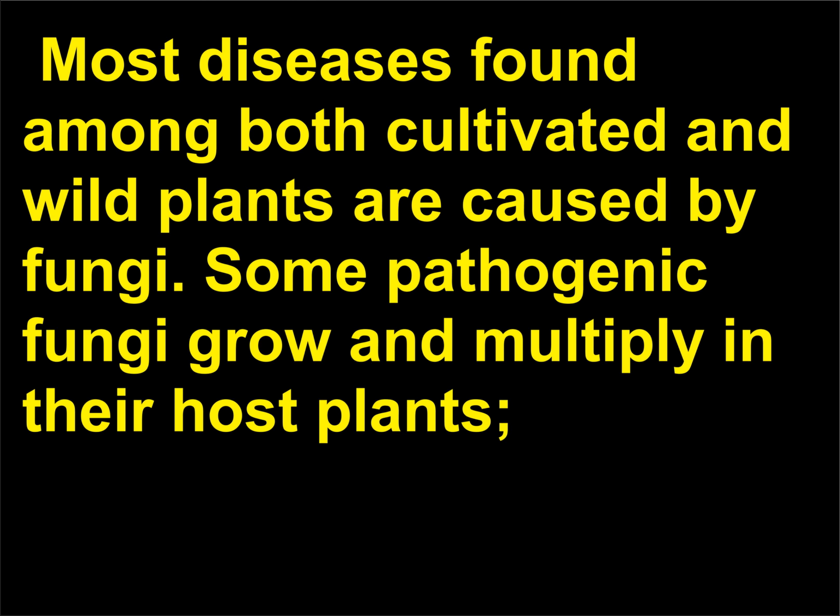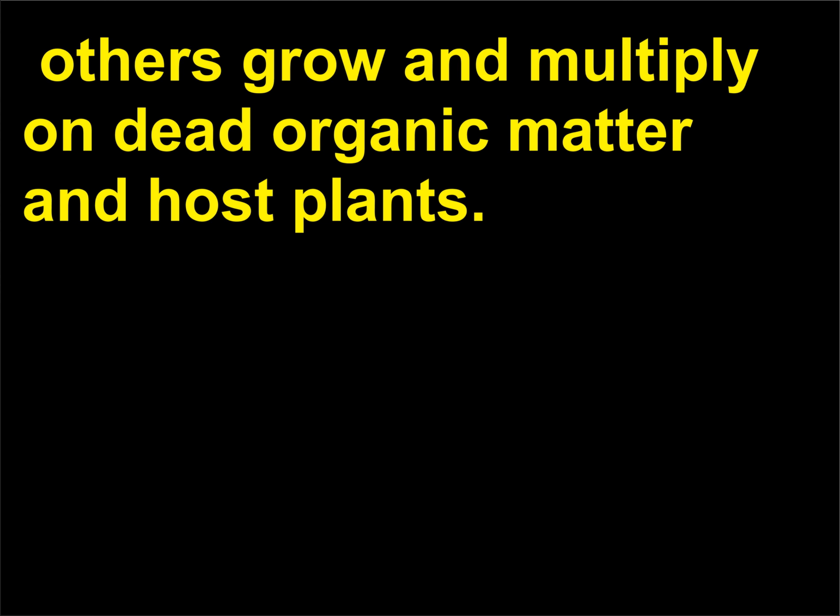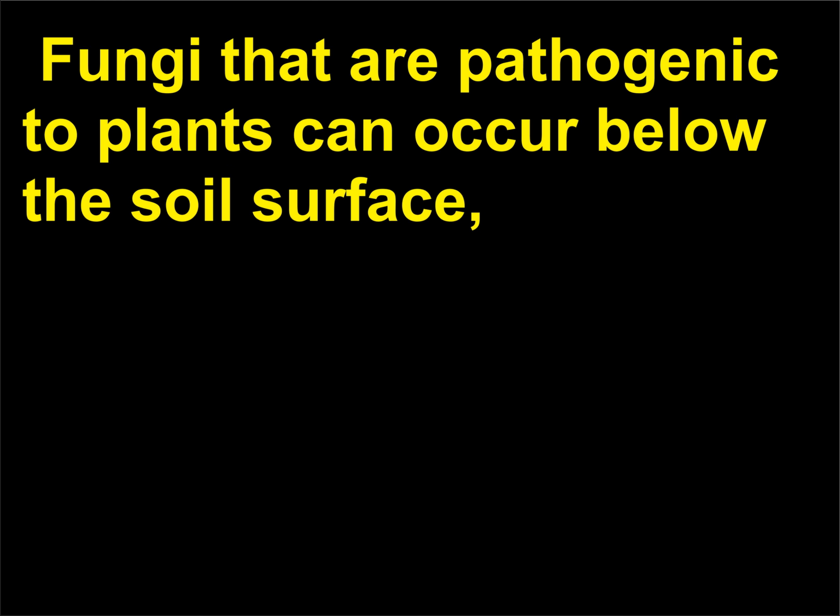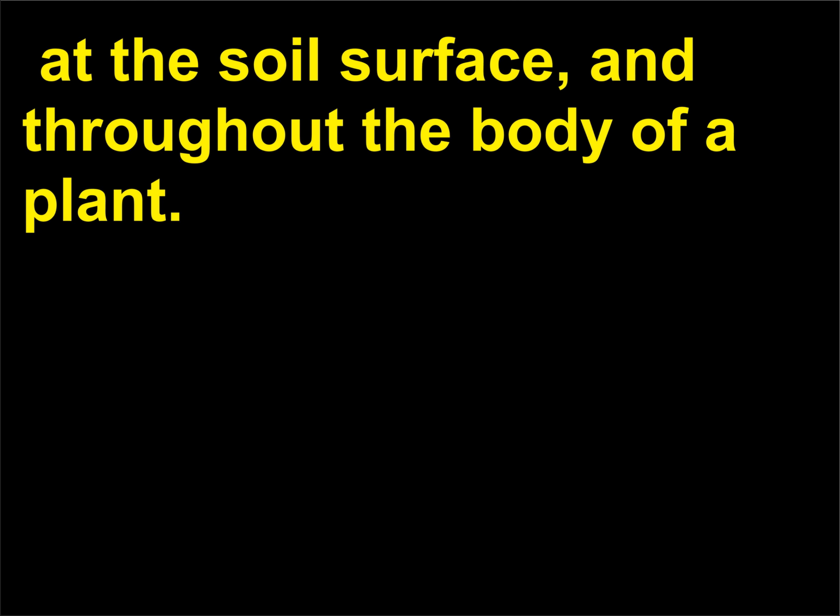Some pathogenic fungi grow and multiply in their host plants. Others grow and multiply on dead organic matter and host plants. Fungi that are pathogenic to plants can occur below the soil surface, at the soil surface, and throughout the body of a plant.